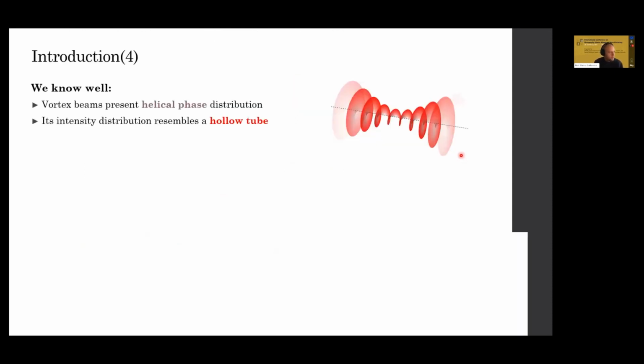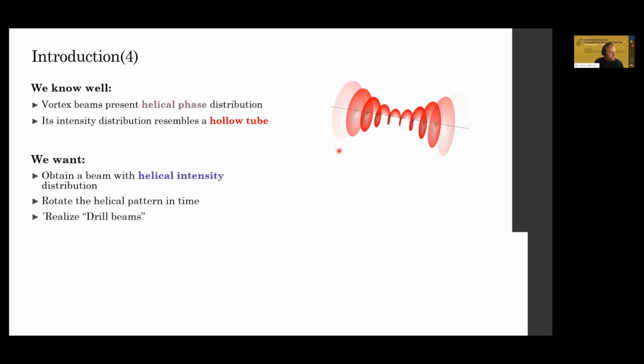Okay, so some terminology. The beams which contain a helical phase are usually called spiral vortex or vortex beams. And in the intensity domain, they are characterized by a tube-shaped intensity pattern or a donut-shaped intensity pattern. There exist other kinds of helical beams, which I mentioned previously.